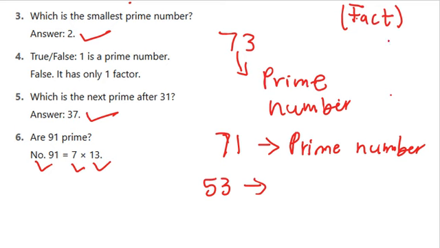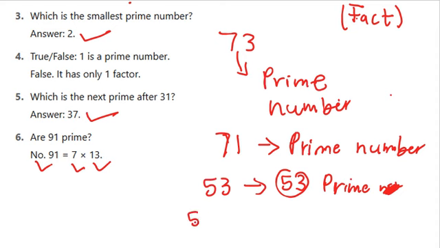After pressing the factorize button, you get the same number, nothing changes. So this is a prime number because it has only one factor, which is itself.